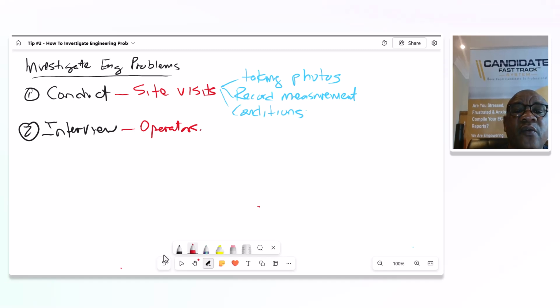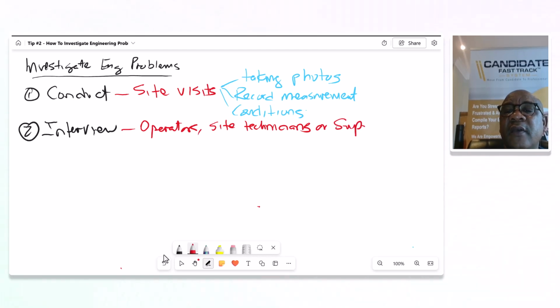You can interview site technicians and the supervisors. Why do you interview? Because it's important to collect information. Remember, investigation is all about collecting data. You should put a note in.